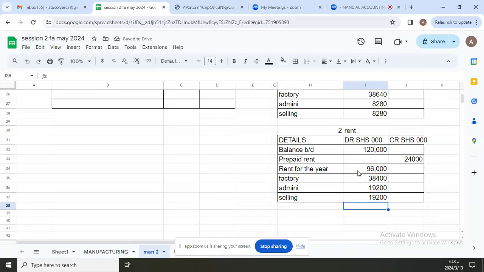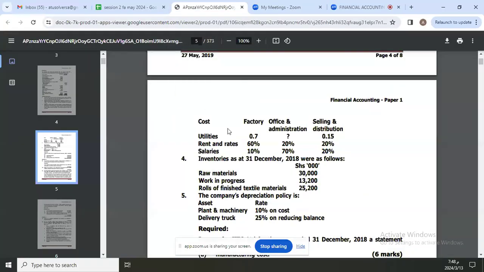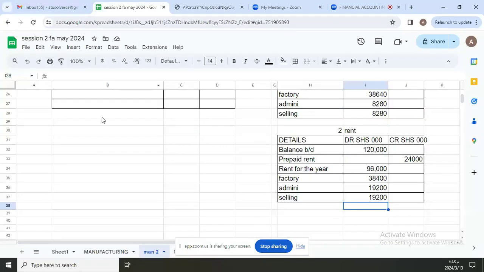Are we good to go? Is rent at 0.4 or 0.7? I mean factory. It is 0.6, rent under factory, it is 60%, 20%, and 20%. I've seen. Okay.